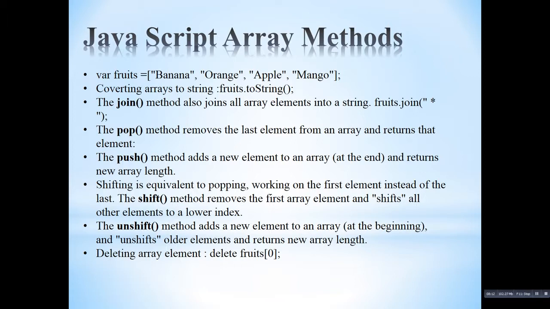So the shift method removes the first array element, and the unshift method adds another member to the array and shifts all the elements to the new index. You can also delete like this: delete fruits[0].